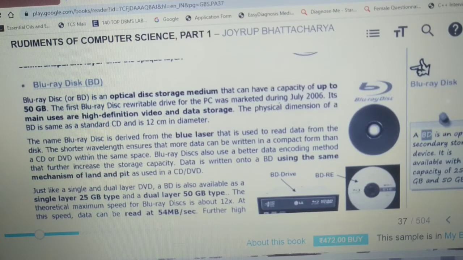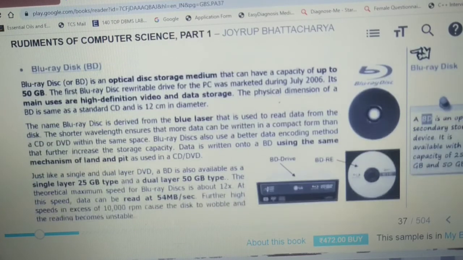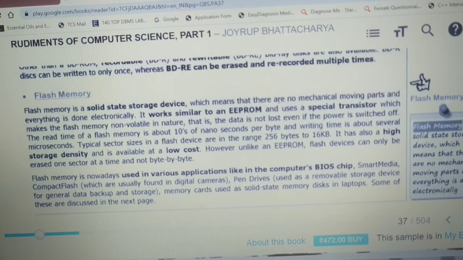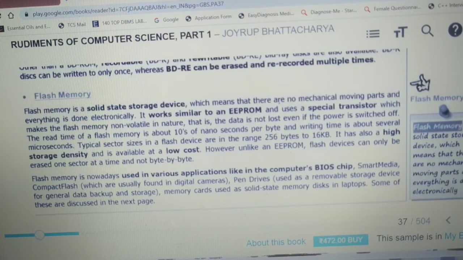Now coming to the next topic, that is flash memory. Flash memory is a solid state storage device, which means that there are no mechanical moving parts and everything is done electronically. It works similarly to an EEPROM, and it uses a special transistor which makes the flash memory non-volatile in nature.